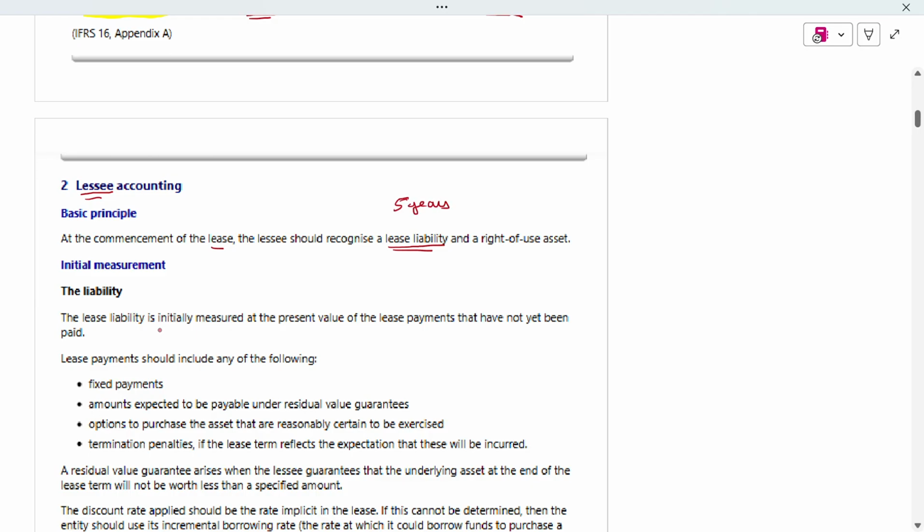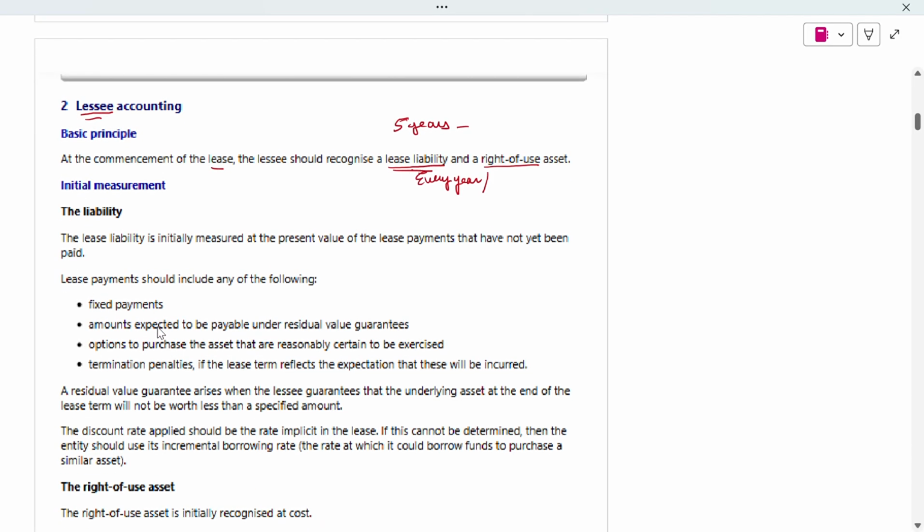We will not calculate every month, never. We will only calculate on a yearly basis. Once it is a liability, proportionately you have the right of use of asset. At the commencement, you should know what the liability is and what the asset is.